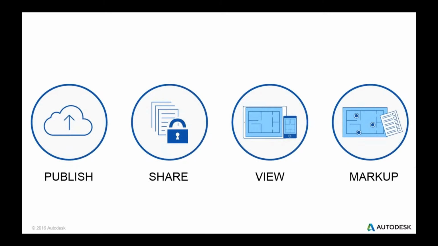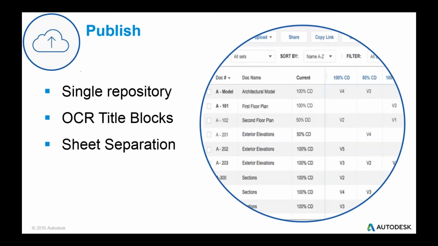So BIM 360 Docs is a consolidation of publishing information, sharing information amongst the extended team, viewing that information in a graphical and contextual sense, and also marking up information in those documents and iterating issues that are perceived in them.